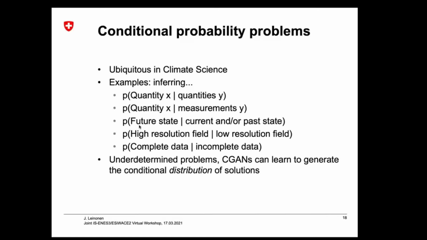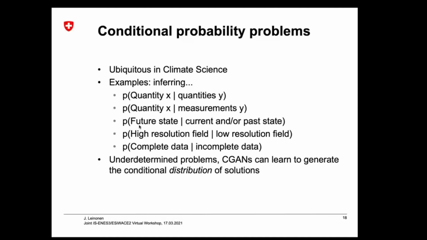Or we could try to predict the future state of some variable from its current state or its past state. We could try to go from a low resolution field to a high resolution field, so kind of do downscaling. And we also often have problems where our data doesn't cover spatially all the space that we have.